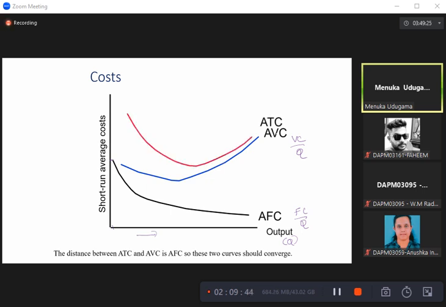And then the average total cost. So average total cost is the sum of these two, average variable cost and average fixed cost. And then you have the marginal cost. Again, as you increase the output from 0, each time you produce one extra unit of output, the additional cost that you incur, one by one, right?